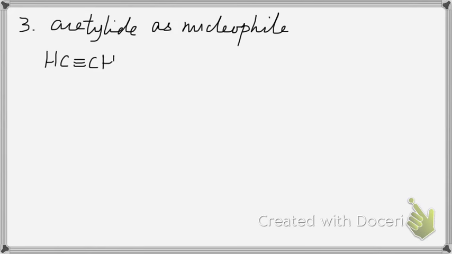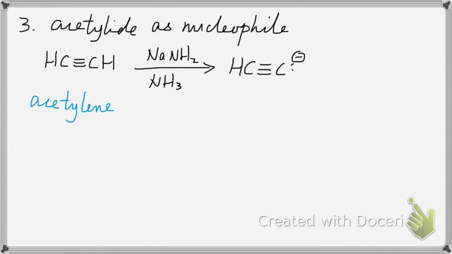The third nucleophile we will look at is acetylide. So from chapter 7 regarding alkynes, we know that the hydrogen attached to a C≡C triple bond is acidic. The two-carbon alkyne, common name acetylene. When we remove the hydrogen, it gives acetylide ion.